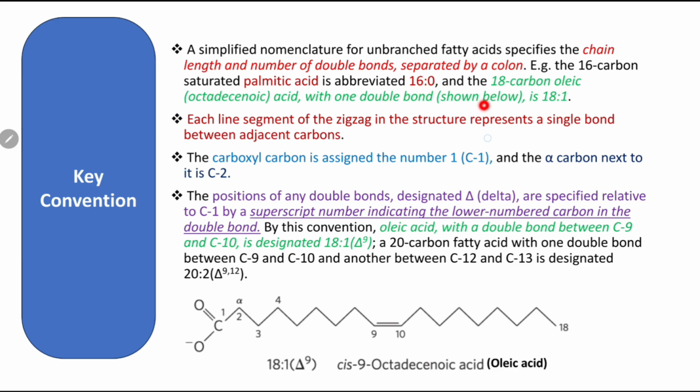If there is one double bond, it's shown like this, right? This is the structure of oleic acid, which is an 18 carbon fatty acid with a single double bond between the 9th and 10th carbon atom, and that is written as 18:1 and delta 9. So delta 9 means that the double bond is between the 9th and 10th carbon. The number here suggests the lower carbon from the carboxyl end.